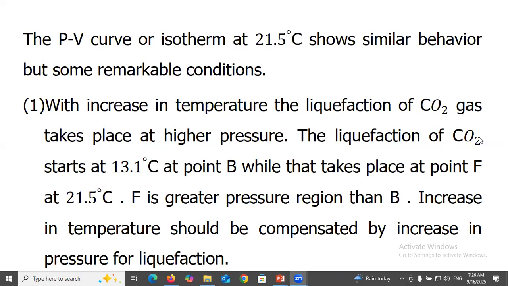The liquefaction of carbon dioxide starts at 13.1 degrees Celsius at point B, while that takes place at point F at 21.5 degrees Celsius. F is a greater pressure region than B. Increase in temperature should be compensated by increase in pressure for liquefaction.